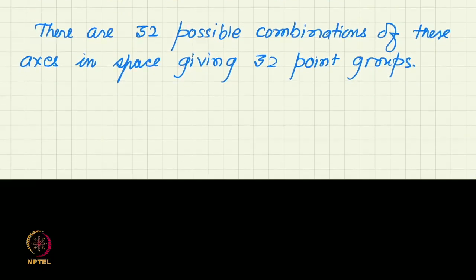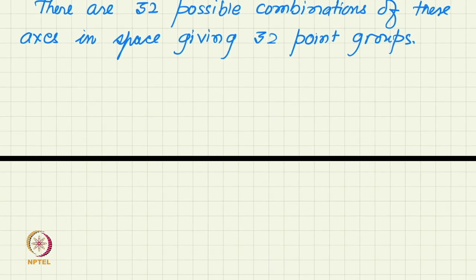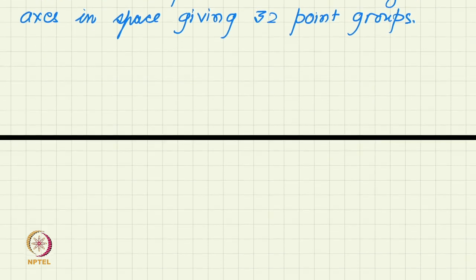Now, we will not derive all these 32 point groups in a strict mathematical sense, but what is important for us is to become familiar with these 32 point groups. So, we will gradually develop them in a little intuitive way.